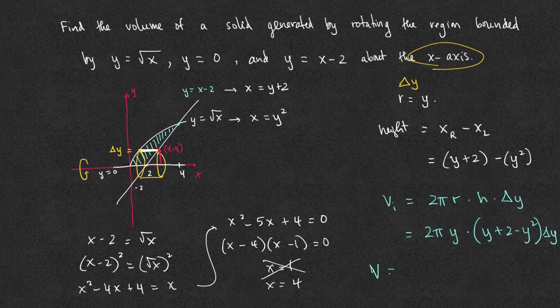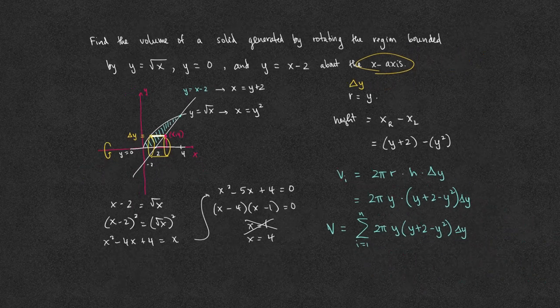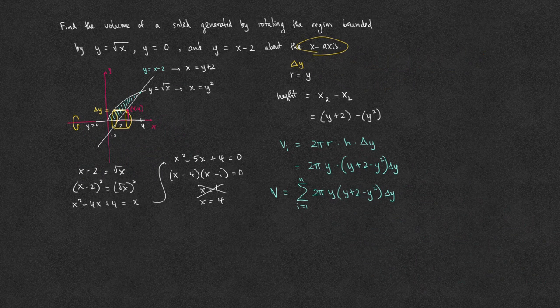The total volume is therefore the sum, as i goes from 1 to n, of 2 pi y times y plus 2 minus y squared delta y. And as n goes to infinity, we obtain the definite integral, so the volume is 2 pi, the integral from a to b.